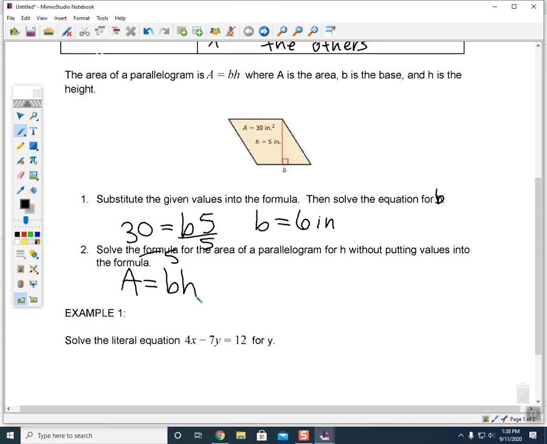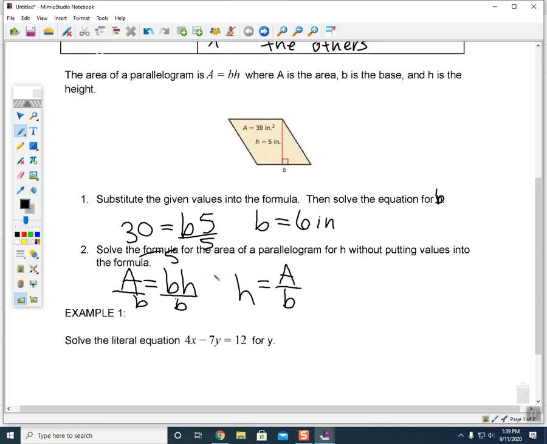I want h by itself. What do I need to divide by? B. I need to divide by b, both sides. So h, my height, equals area divided by b, my base.